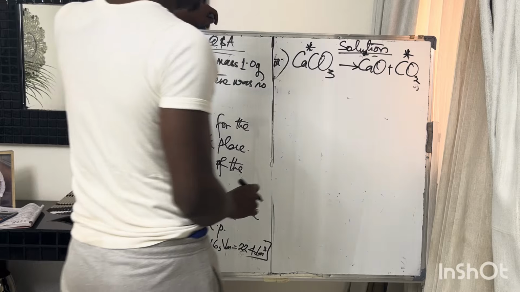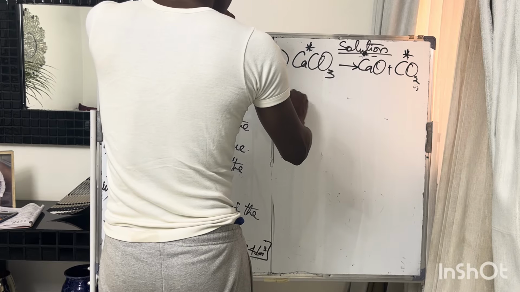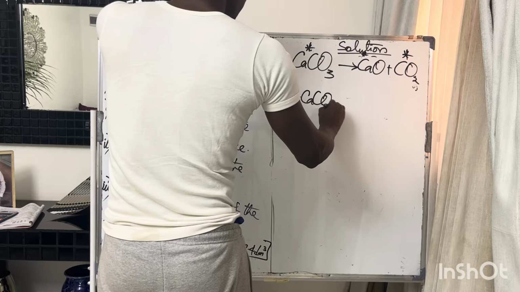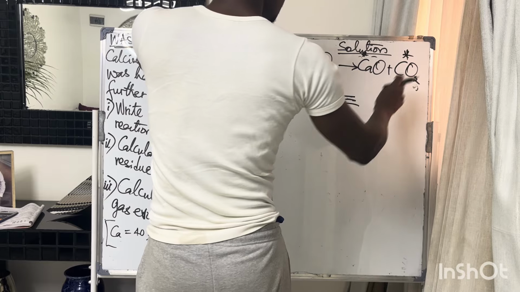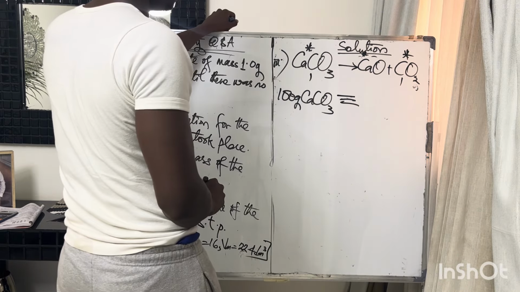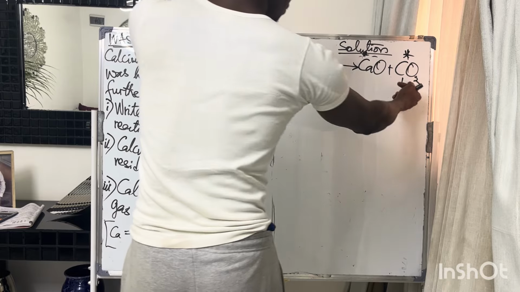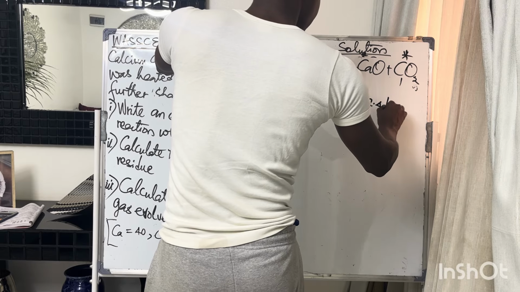According to the equation, 100 grams of calcium carbonate decomposed completely to give, remember the mole ratio is 1:1, 1 mole of carbon dioxide. And 1 mole of any gas at STP is equal to 22.4 dm³ of the gas.